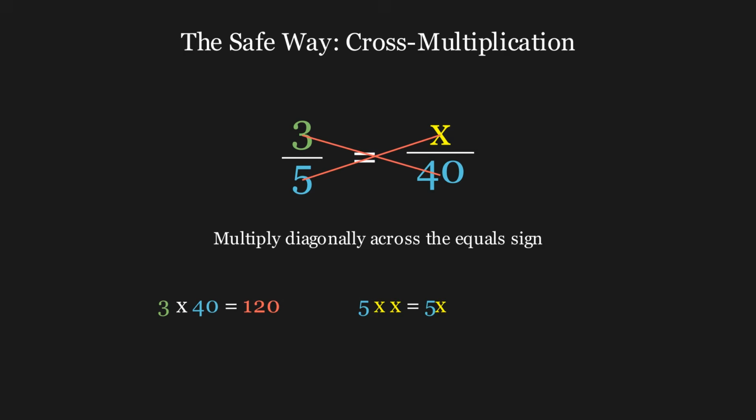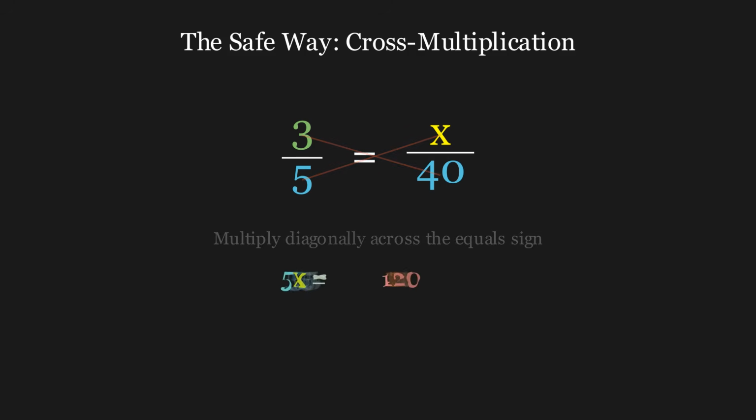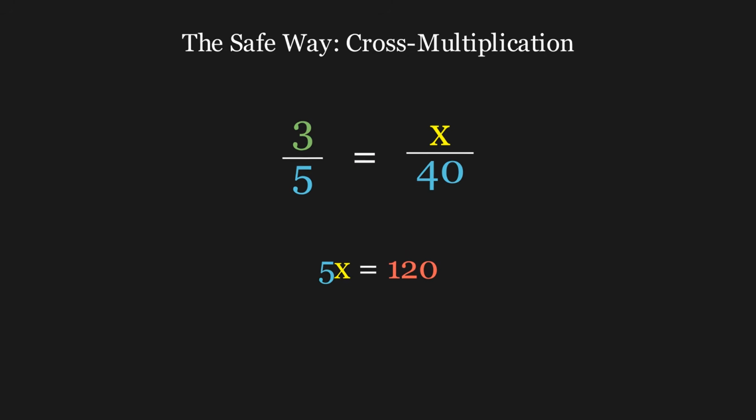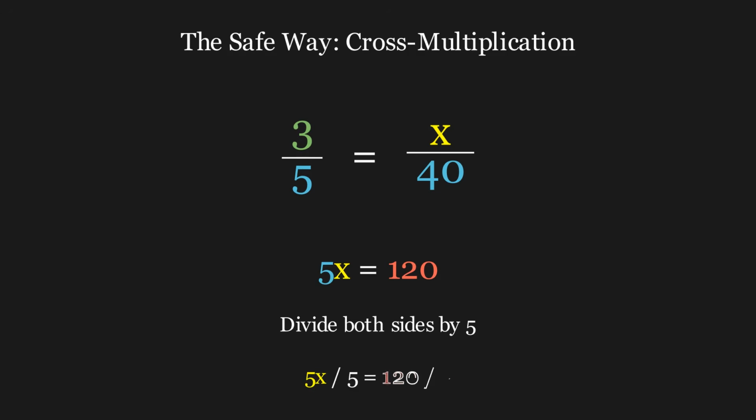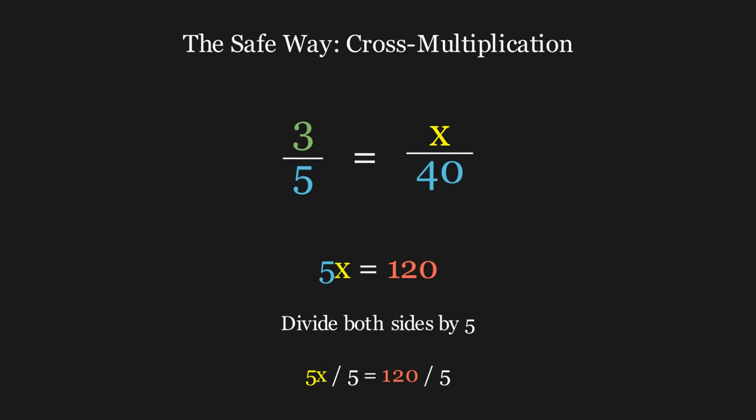So here 3 times 40 gives us 120, and 5 times x gives us 5x. That means 5x equals 120. To get x by itself, we divide both sides by 5. Since dividing undoes multiplying, 120 divided by 5 is 24. So x equals 24.